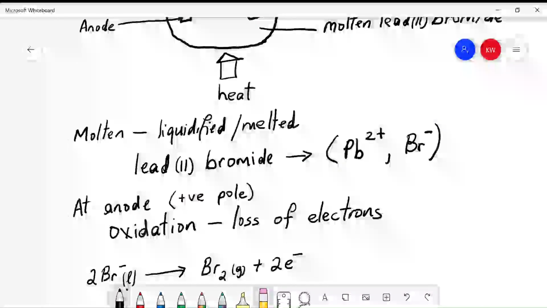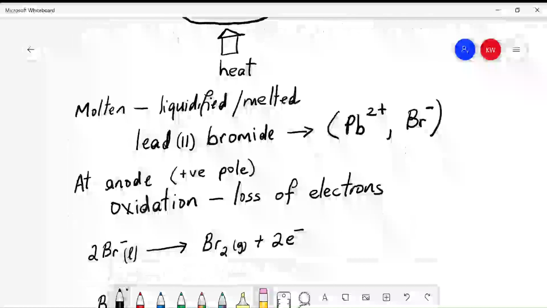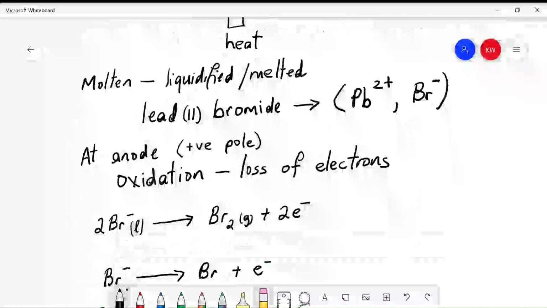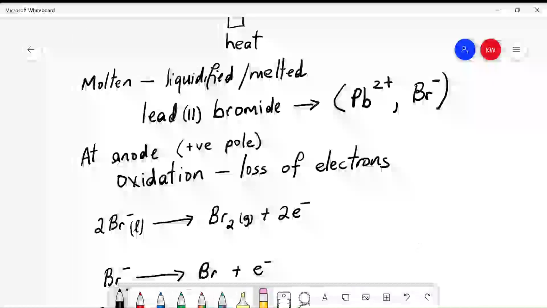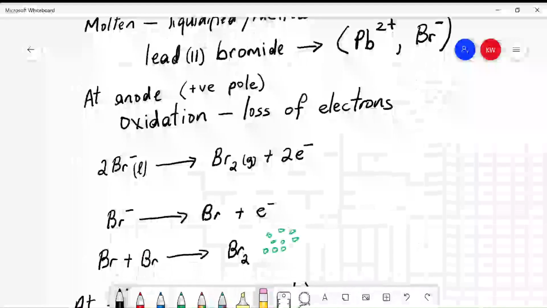And that's the positive pole, so the positive pole will be pulling electrons towards itself. So these electrons are pulled away. So we have our bromide ion in the liquid state that is going to return to bromine gas. But this is actually a two-step process.